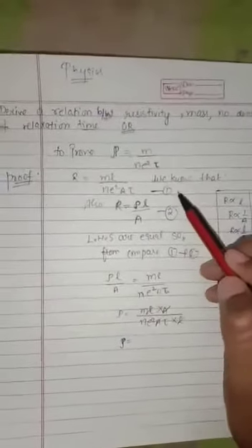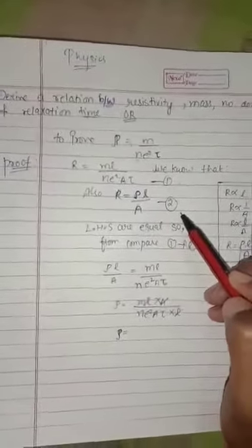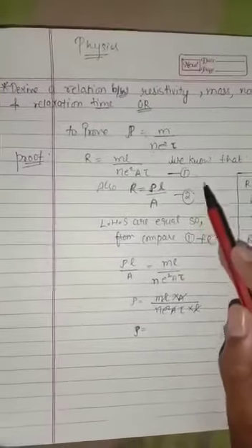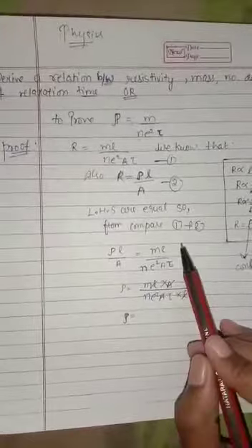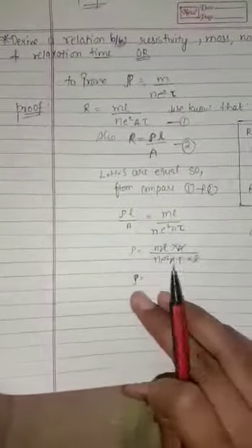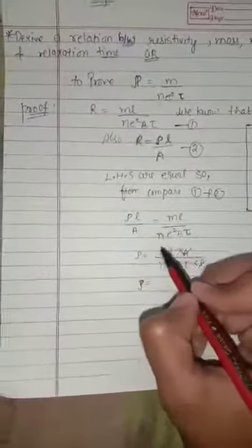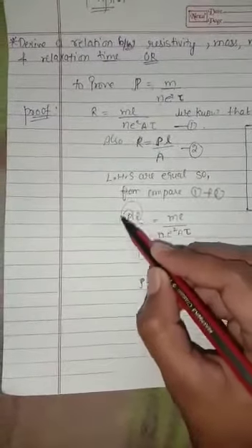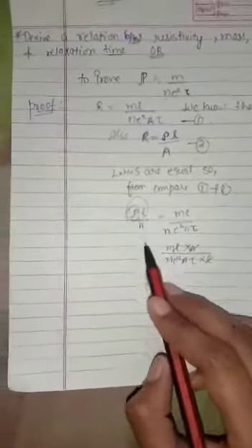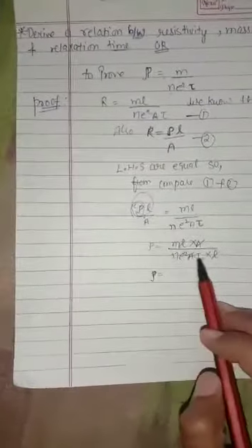From the first and second equations, we know that the left hand sides of both equations are equal. So on comparing the first equation and the second equation, we get m l upon n e square A tau equals rho l upon A. When we take the value of rho from this formula, the L will go here and the A will go here.